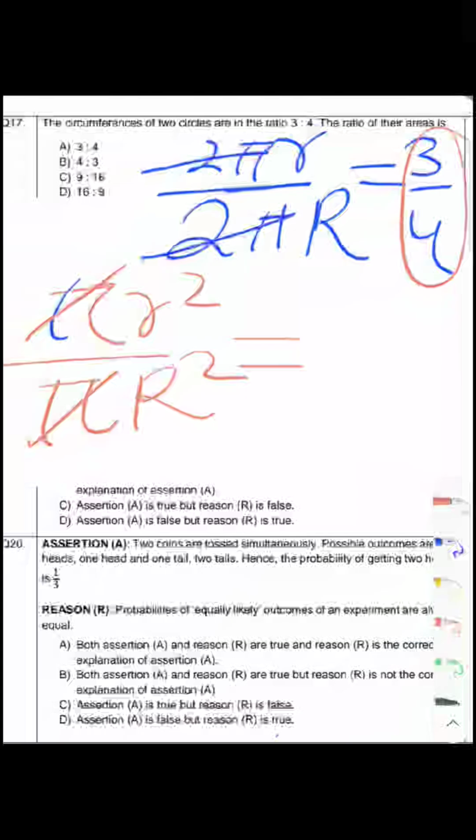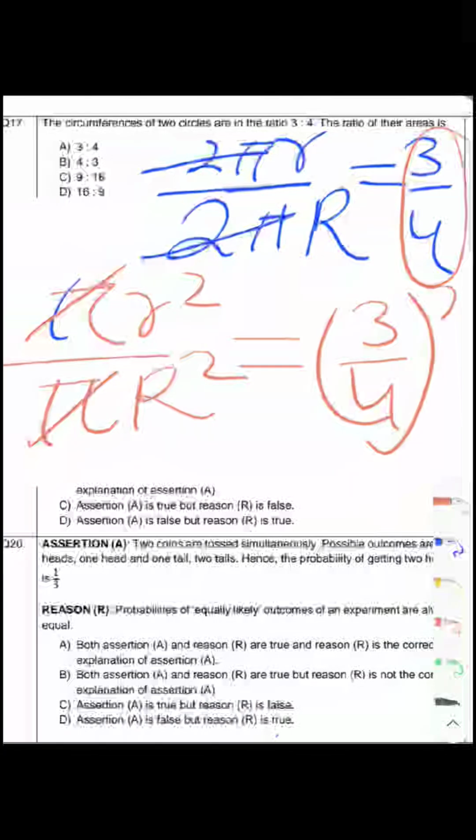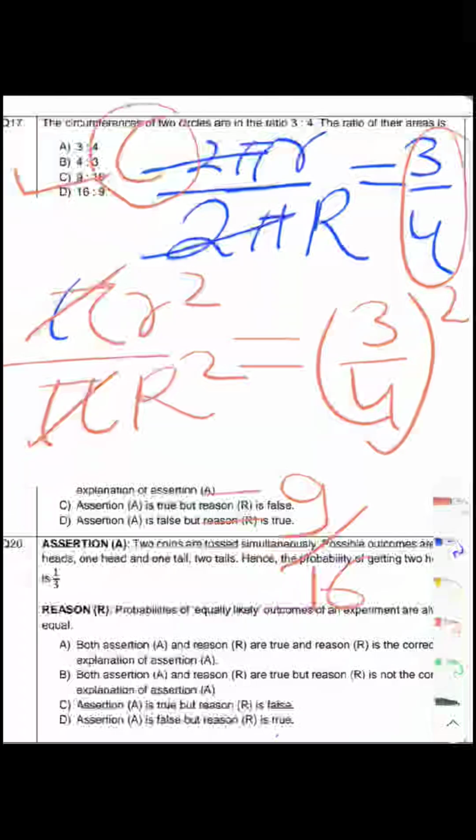So you write here 3 by 4 and you square it. How much you will get? You will get 3 3s are 9 and 4 4s are 16. So here you will get 9 is to 16. Option C is the right answer, 9 is to 16.